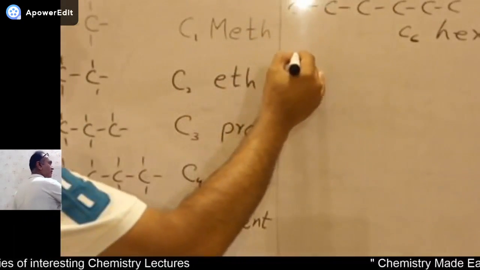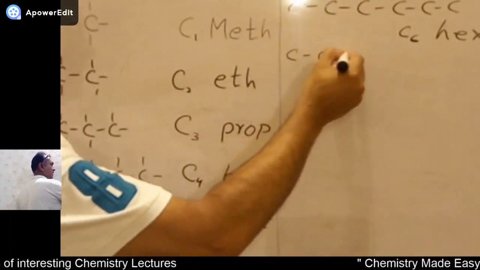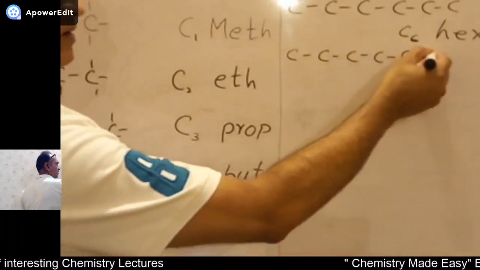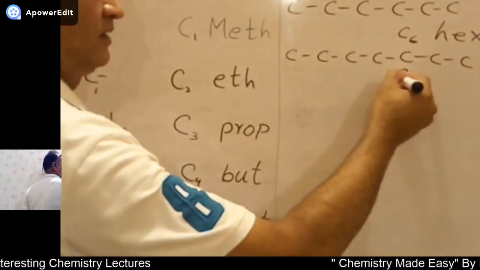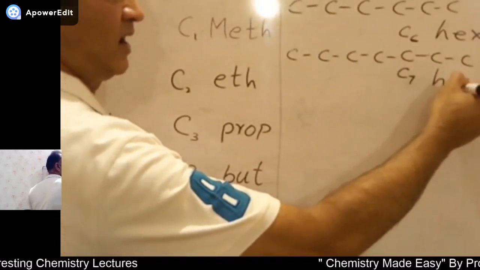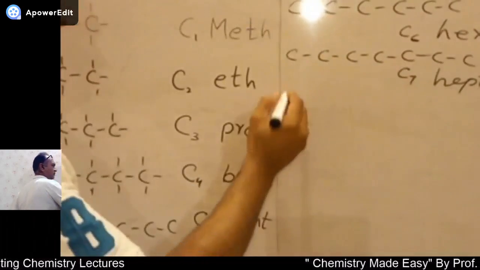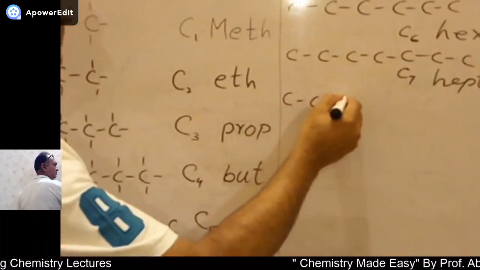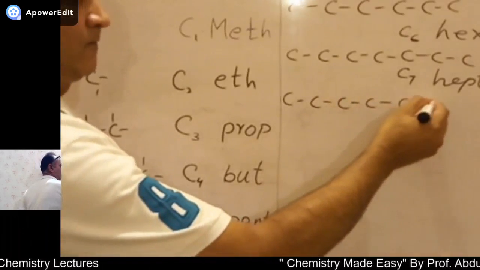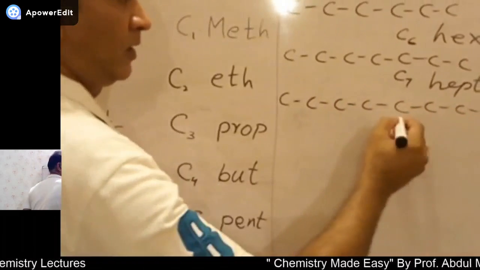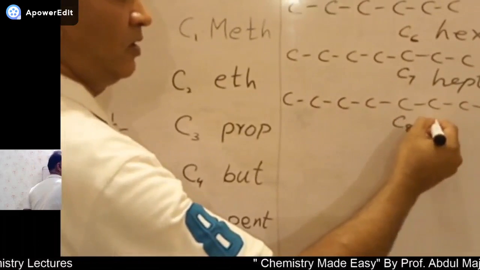So 7 carbons, C7, we call it hept. 8 carbons, we call it oct.